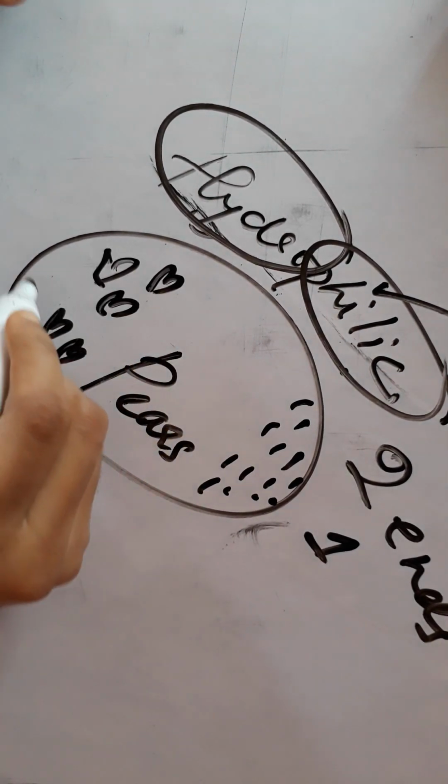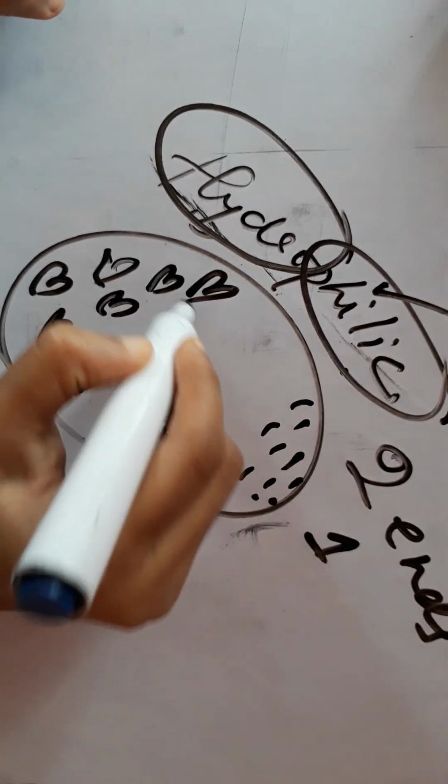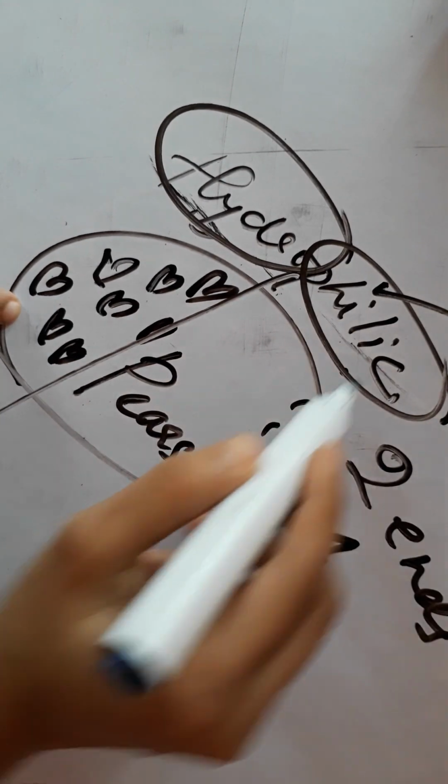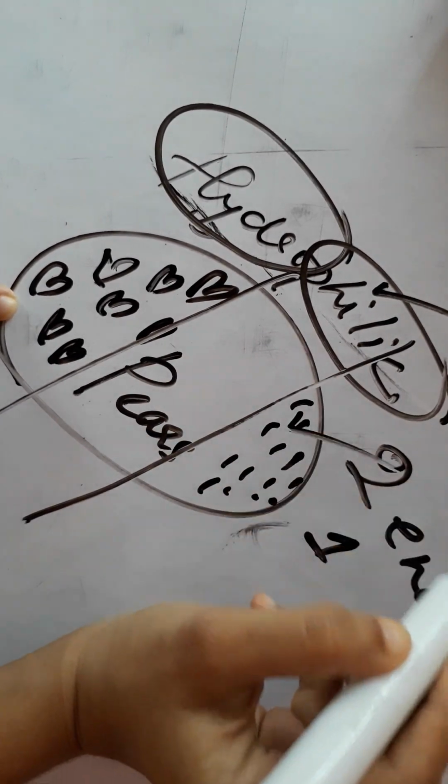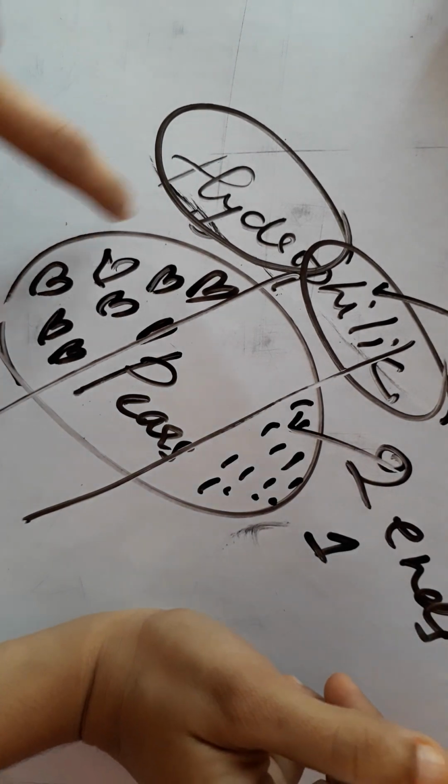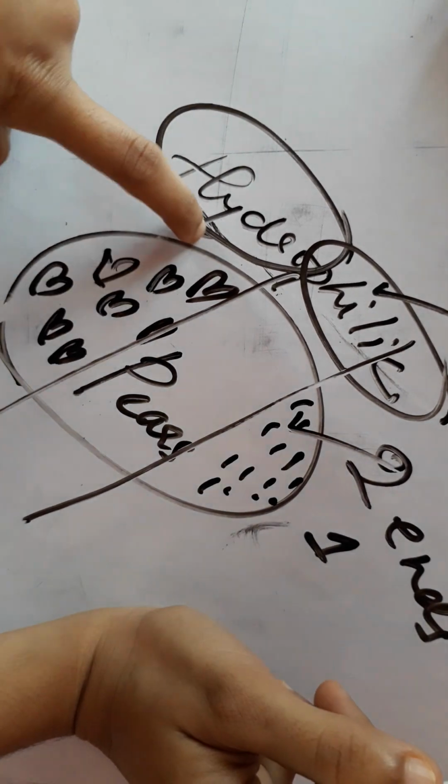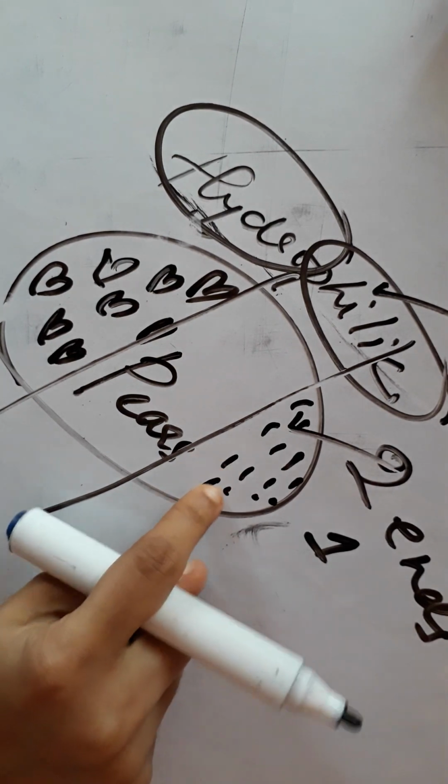It loves water, no? So we'll put the love symbol itself. So this is how the imagination should be when we think about micelles. It has two ends. One is the loving end and the other one is the fearing end. This is the hydrophilic end and this is the hydrophobic end.